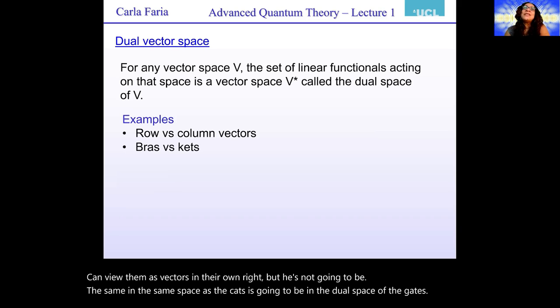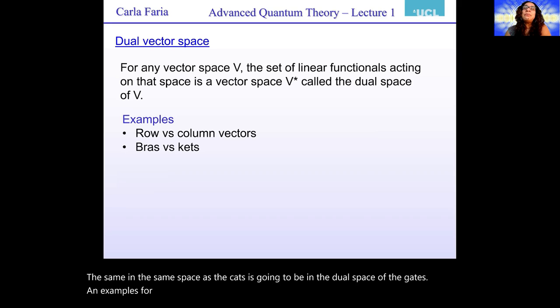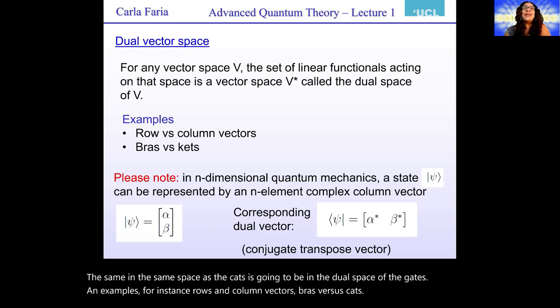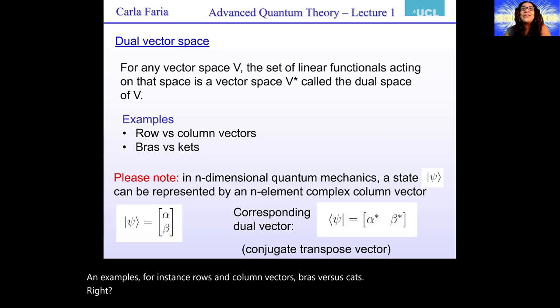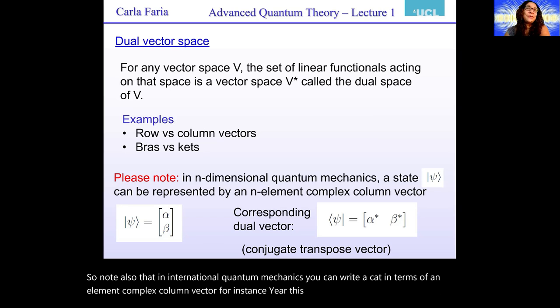Examples are rows and column vectors, bras versus cats, right? Note also that in n-dimensional quantum mechanics, you can write a cat in terms of a complex column vector. For instance, this is what we have done for a vector with 2 entries.